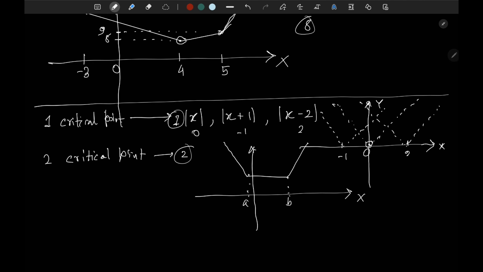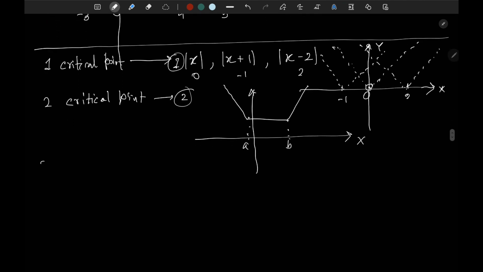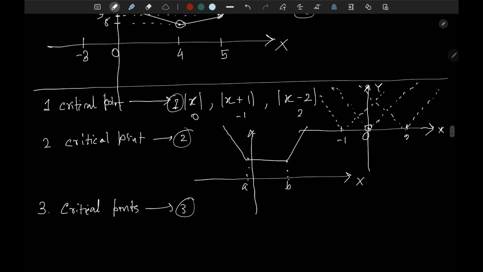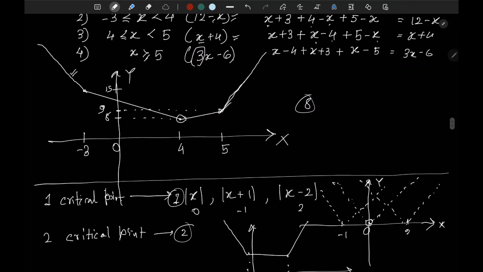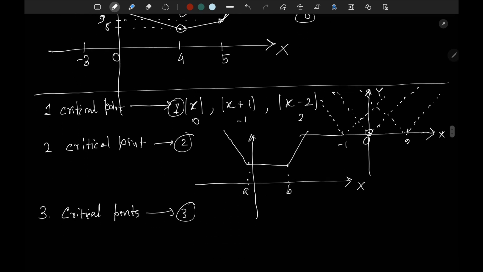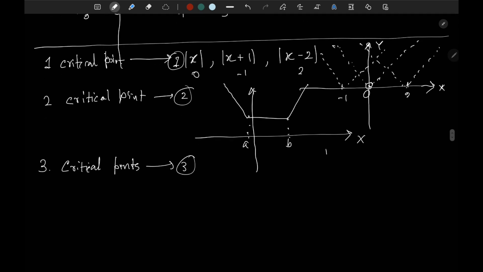This is A, this is B. Now, if the number of critical points is 3, we have seen from the graph how many notches we have. This is 1, this is 2, this is 3, right? So the graph looks something like this, a bucket or a bowl with a pointed bottom.